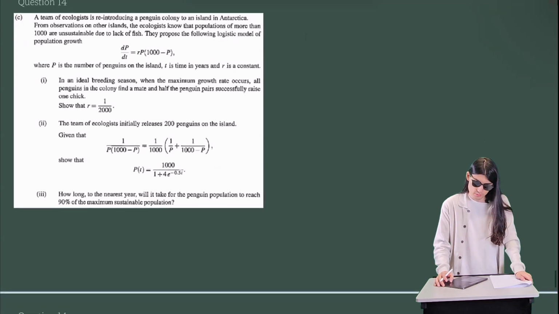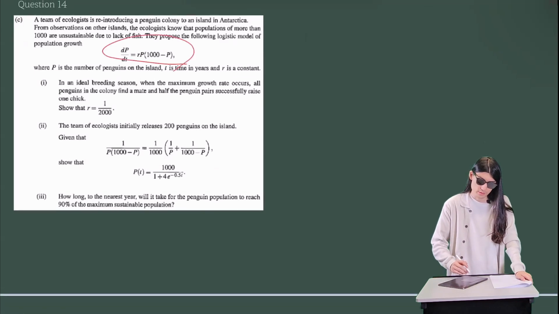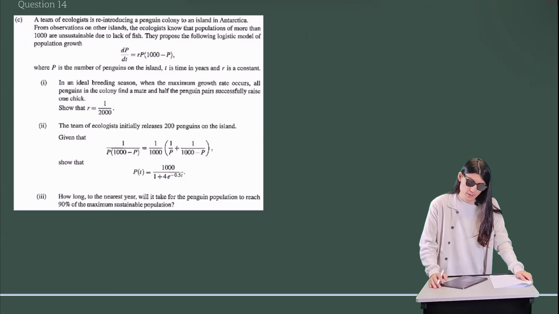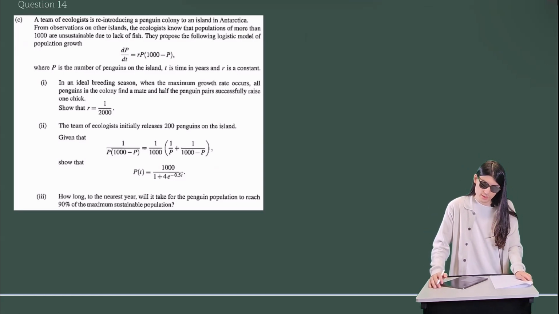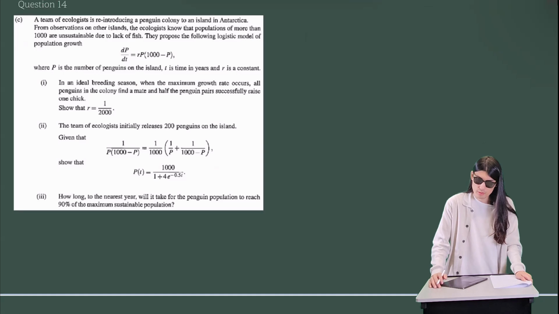But yes, so we've got the logistic equation over here. Looks like a typical logistic equation, yes. And apparently the population P this time models the population of penguins in Antarctica. And it says in part i, in an ideal breeding season when the maximum growth rate occurs.